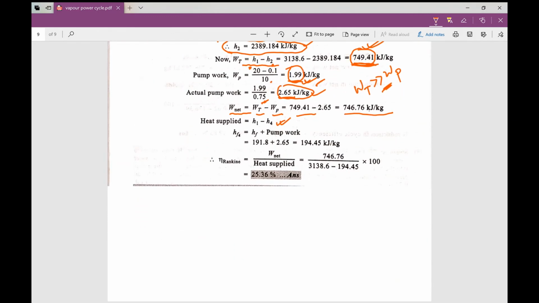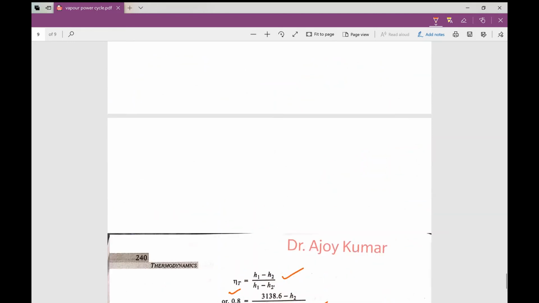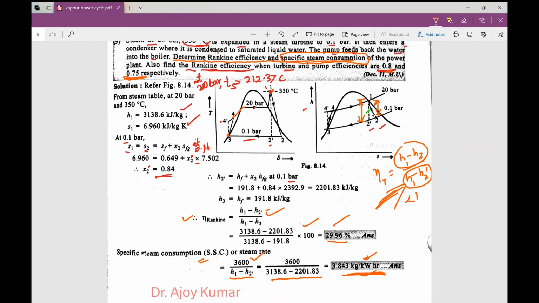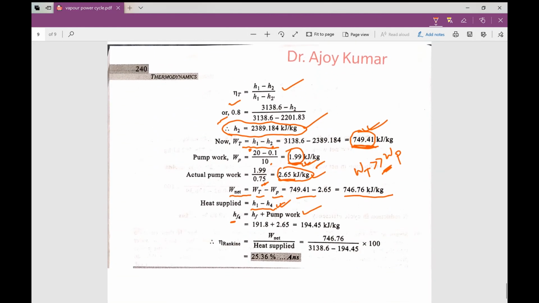And enthalpy at point 4 is nothing but HF plus pump work. HF is at point 3, and this is your pump work, which has to be added to get the enthalpy at point 4. So enthalpy at point 4 is HF plus pump work.